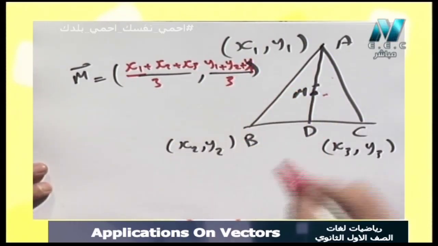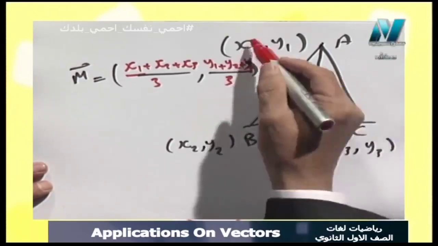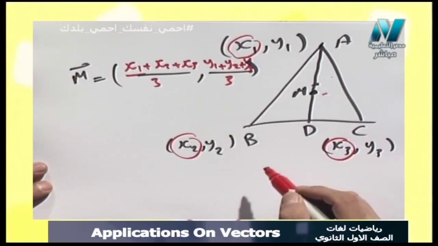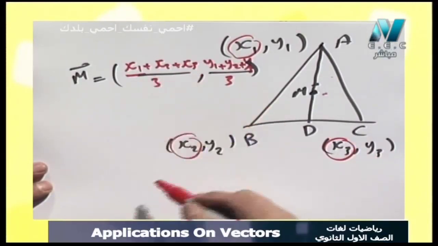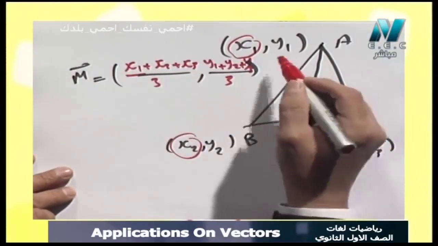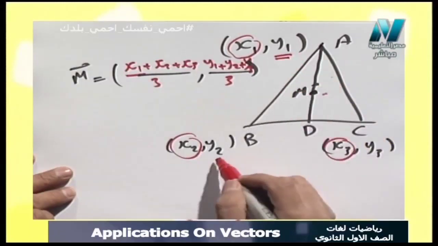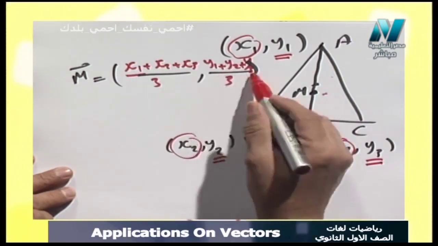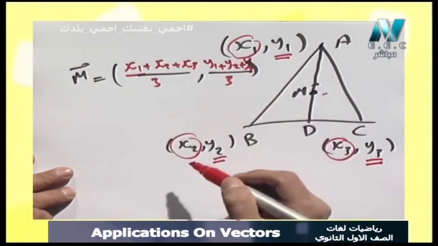So we will add x1 plus x2 plus x3 and divide them by 3, and also add y1 plus y2 plus y3 and all of them over 3.